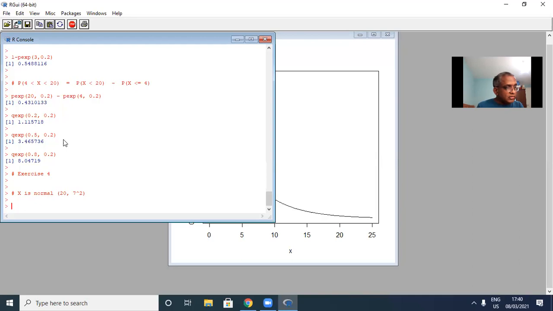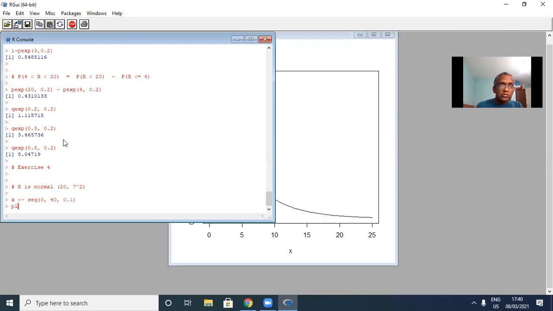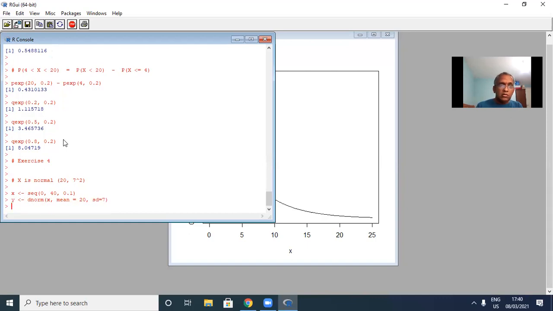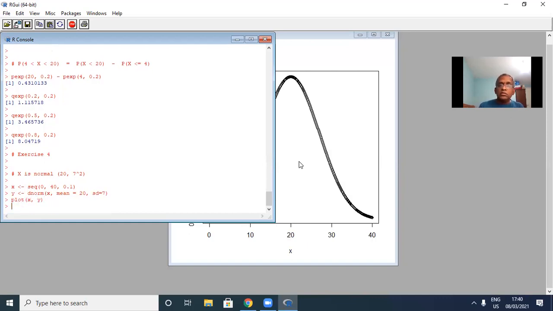The first part is asking you to plot the PDF over the range sequence from 0 to 40, say in steps of 0.1. So then you take y to be the density of the normal at x with the mean equal to 20 and the standard deviation equal to 7. So you say plot x comma y is what you get.